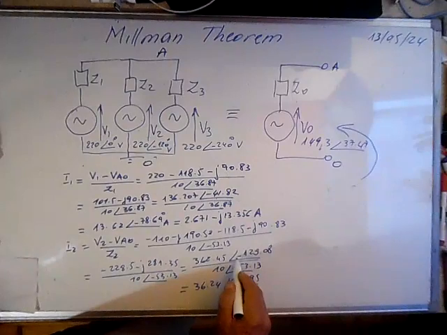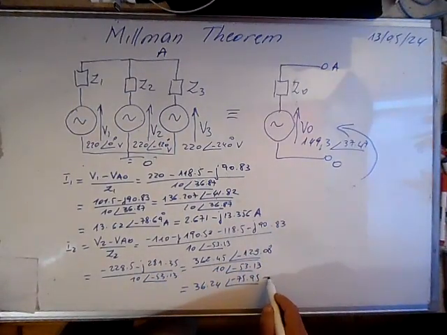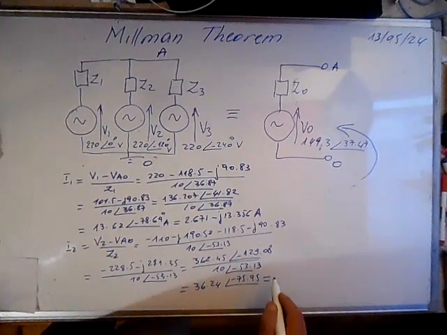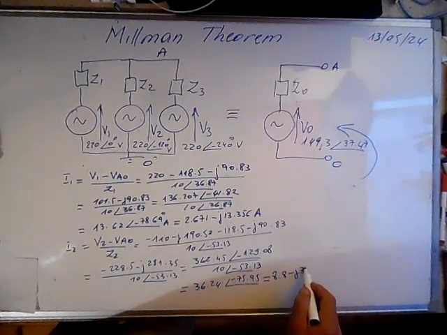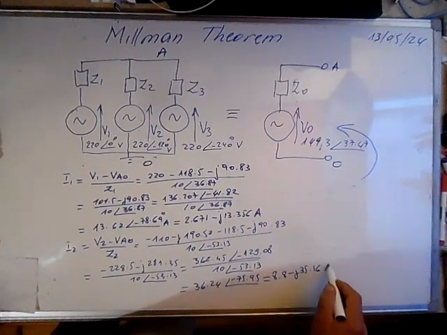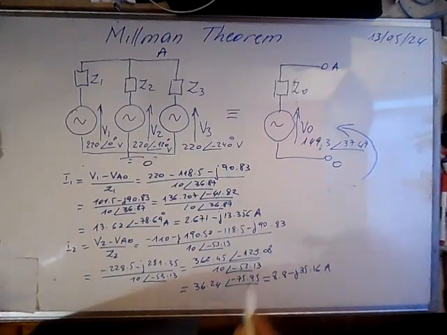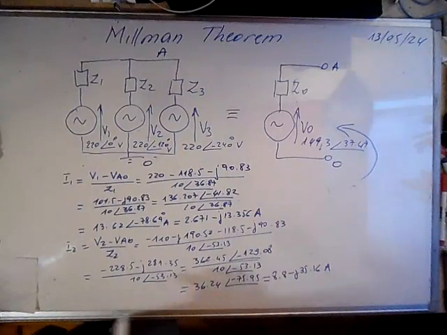In algebraic form we have 8.8 minus j35.16 amps.